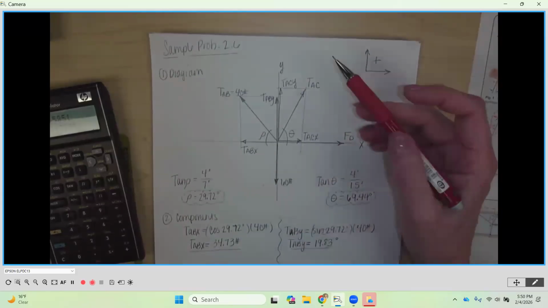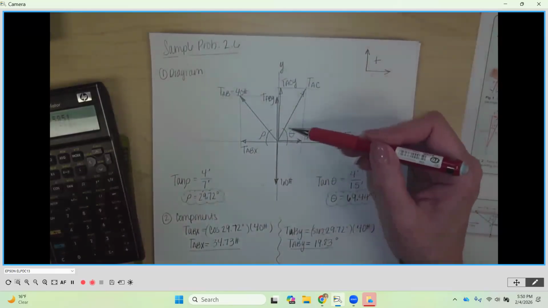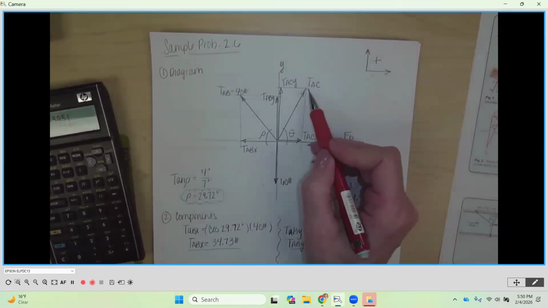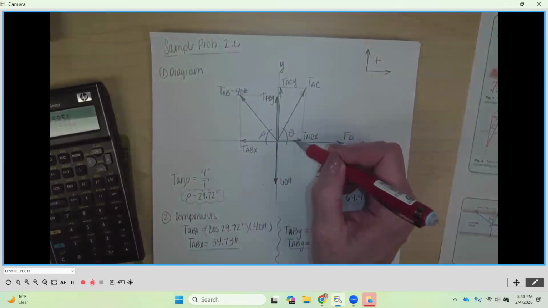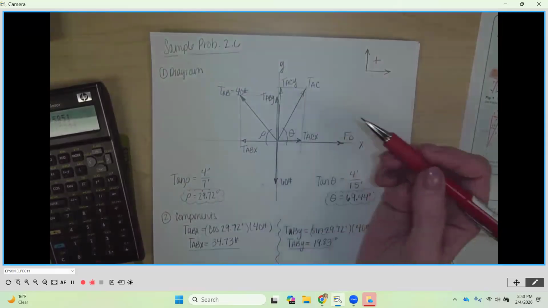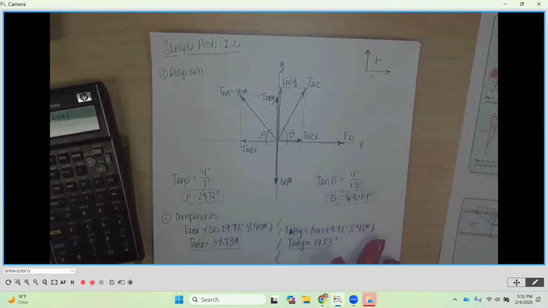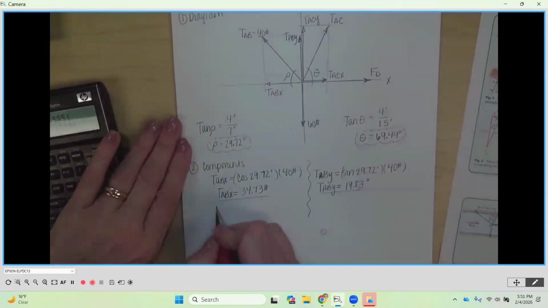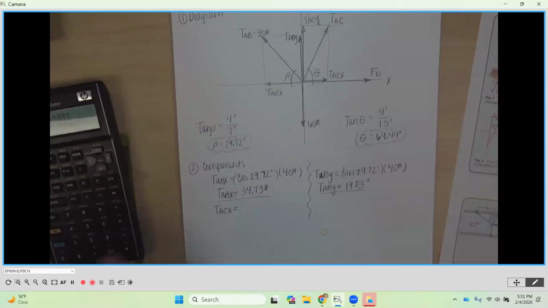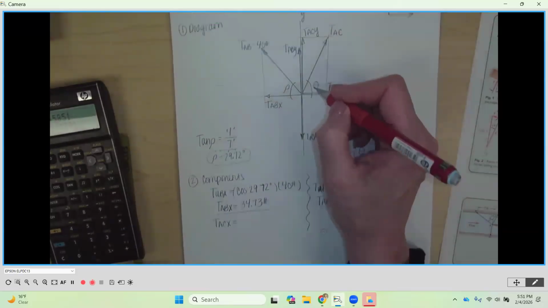Then you're going to notice that the other one that we have to do the components for, TAC, does not have a magnitude. So we're going to put each one of those components in terms of the variable TAC. Let's start with TACX equal to, and you'll notice that theta is right here.